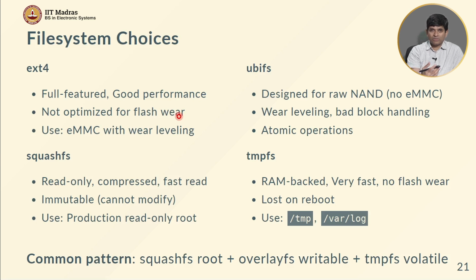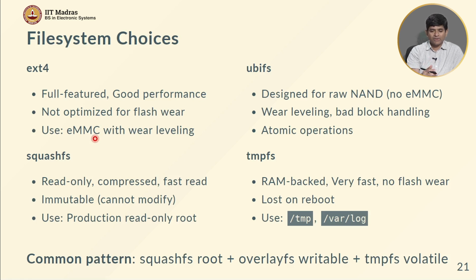Now, the ext4 file system was created originally for so-called spinning disks, the hard disks which actually had spinning magnetic platters and heads that would read from them, not really for SSD devices at all, let alone for eMMC devices, which don't have the kind of behavior patterns that you find in magnetic disks at all.